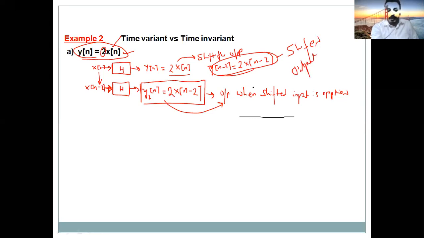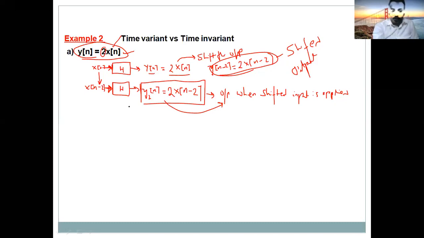So compare here: y2 is when the input is shifted, we record the output. Here, without shifting the input, we get the output and shift the output. Now compare the two.